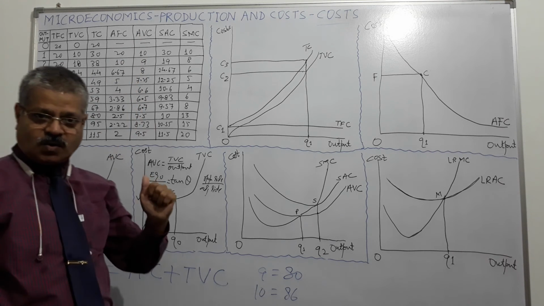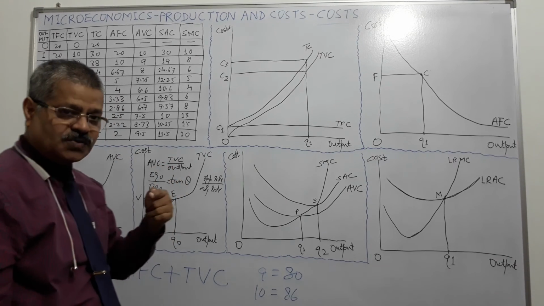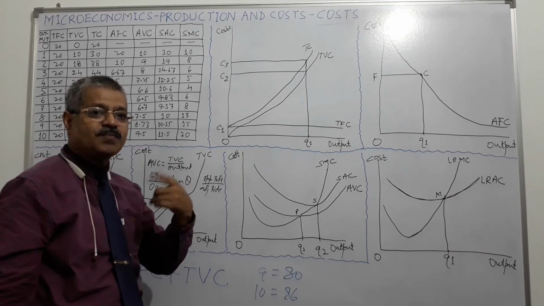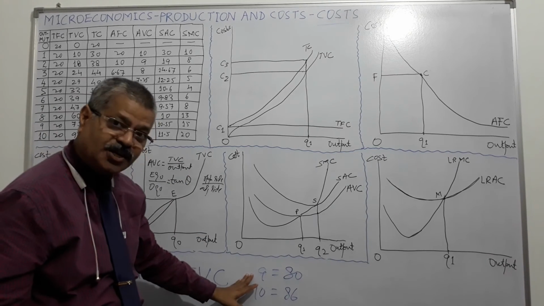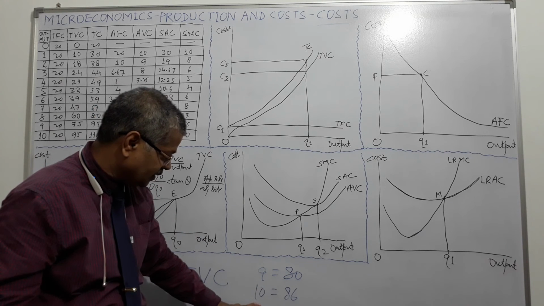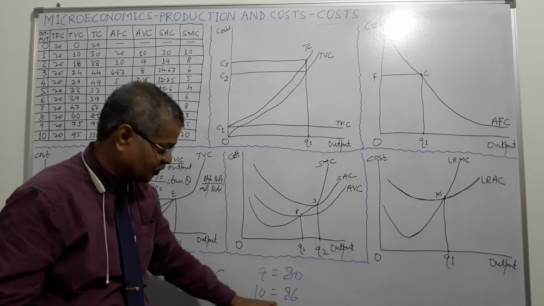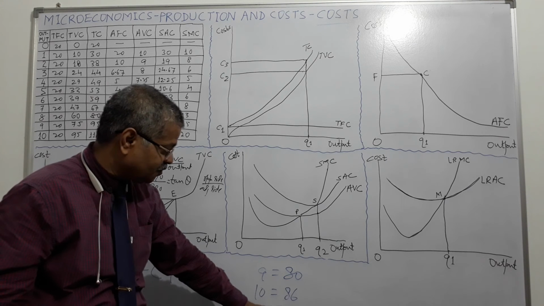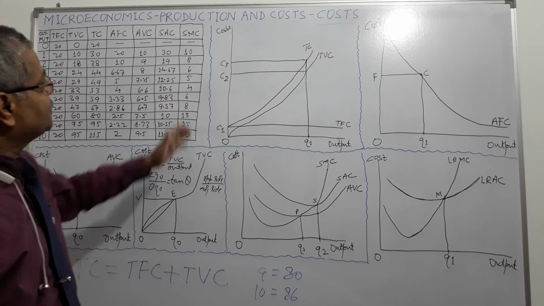Short run marginal cost is the cost incurred in producing an additional unit of output. As in the example I gave, if I have produced 9 units, total cost is 80, and I am producing the 10th unit and total cost becomes 86, then the marginal cost of the 10th unit is 86 minus 80, which is 6, right?